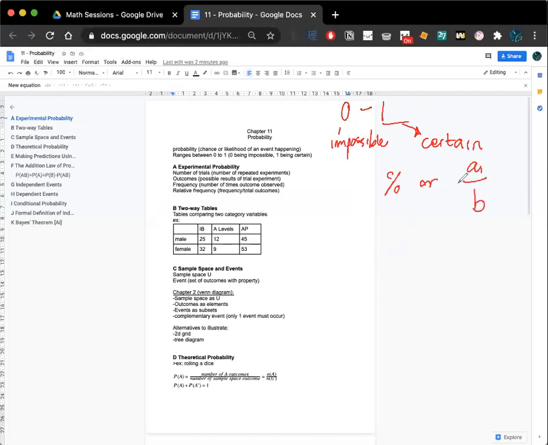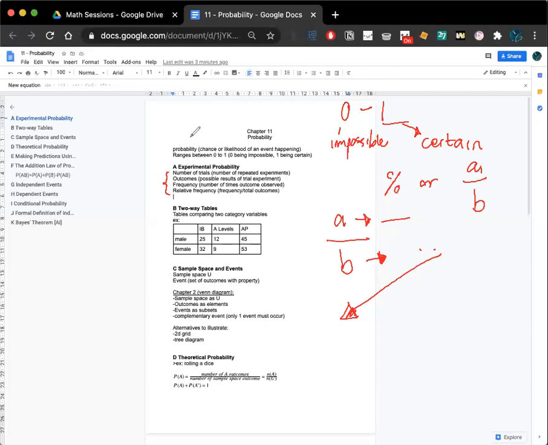Because basically, as we're going to be covering later, probability is usually in the form of the chance of an event happening over all the probability that any outcome will come true. So we're going to have to know some of these terms when it comes to probability.